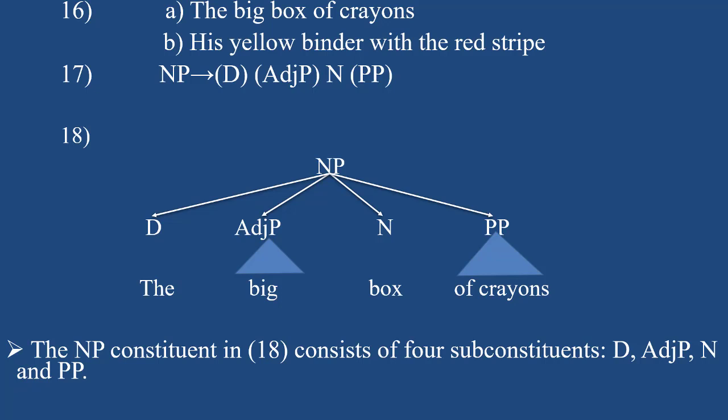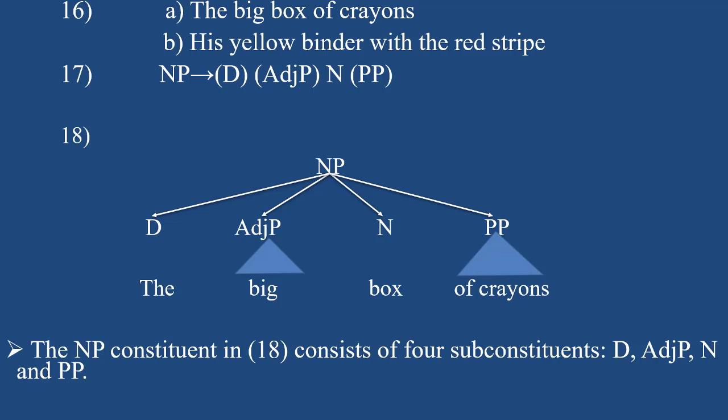So what we have here is an NP which is composed of a determiner, which is optional, an adjective, optional, an obligatory noun, and an optional PP. Prepositional phrases come after the noun, that's why they are put on the other side, and they are also optional.